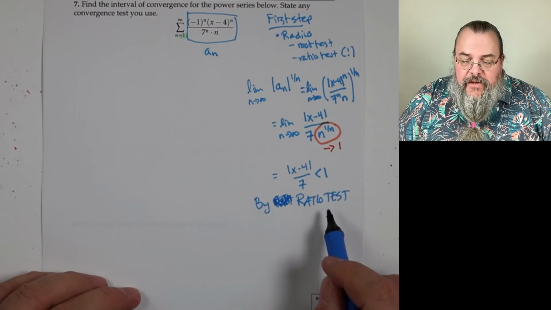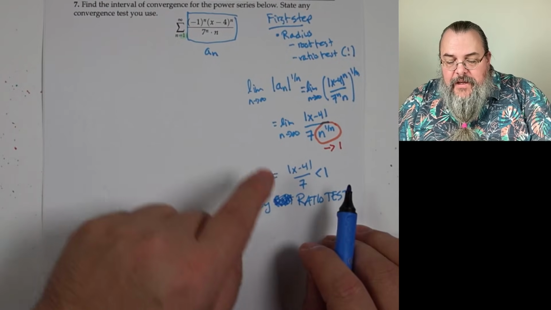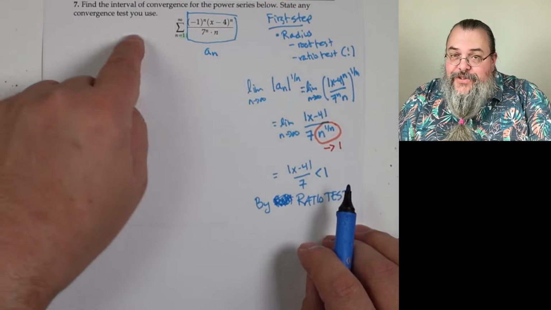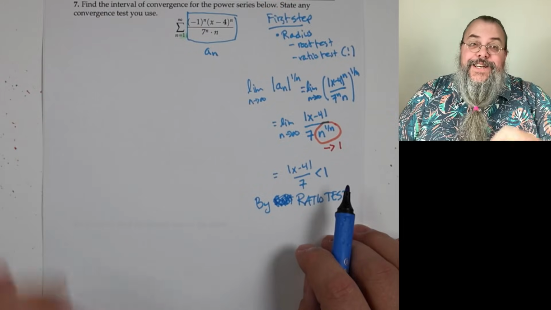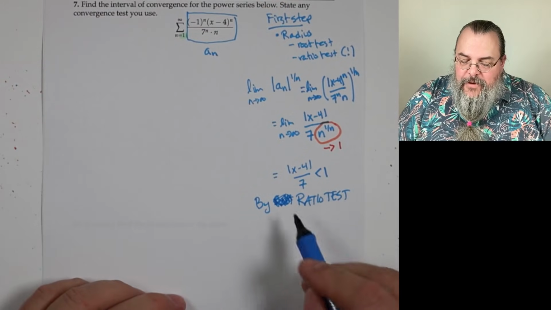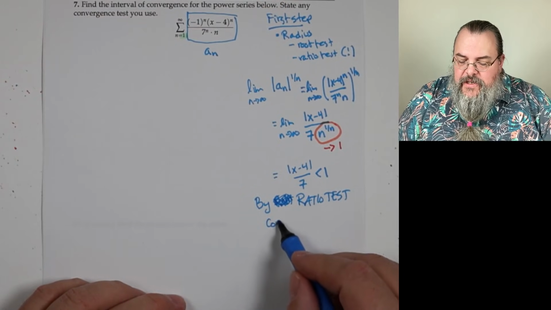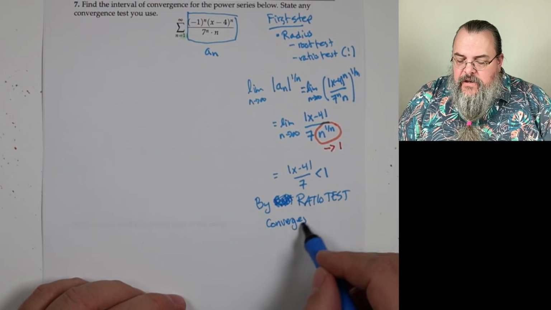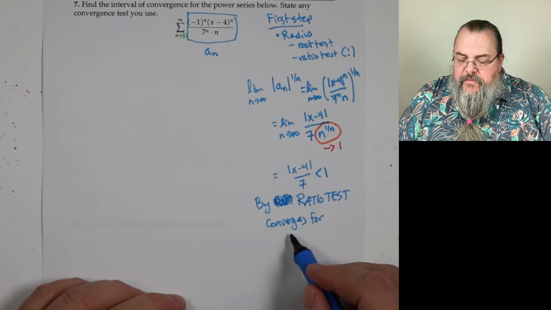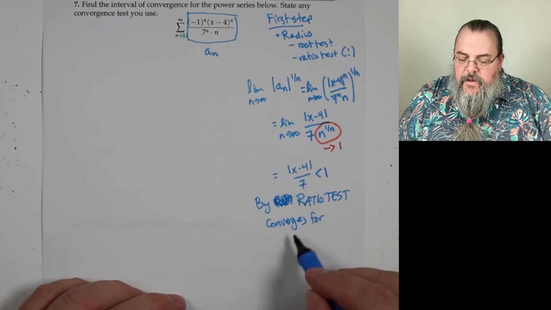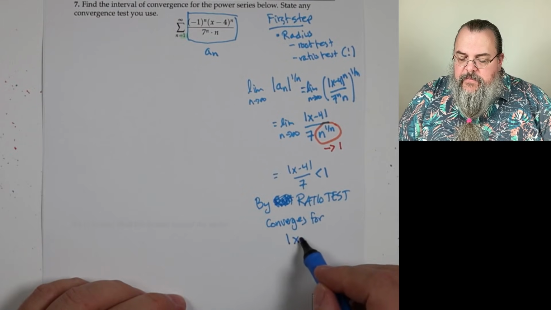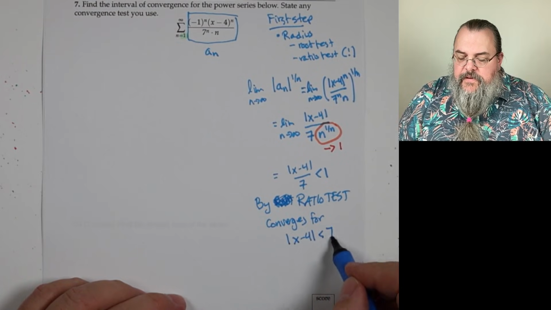By the ratio test, and why do we say it? It says state any convergence test you use. That's the convergence test we're using, so we have to say it. We know it converges for absolute value of x minus 4 over 7 less than 1, or absolute value of x minus 4 less than 7.